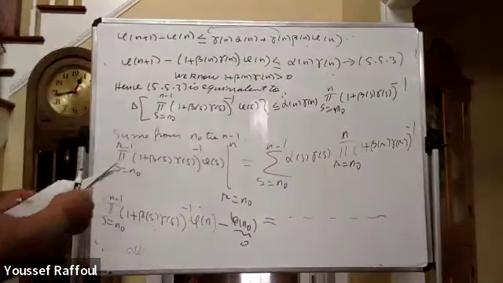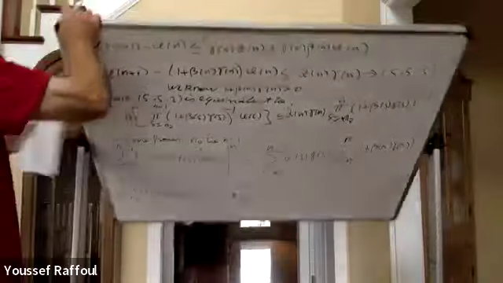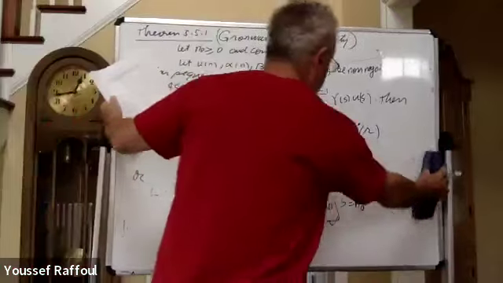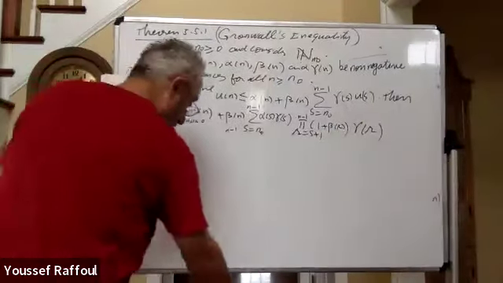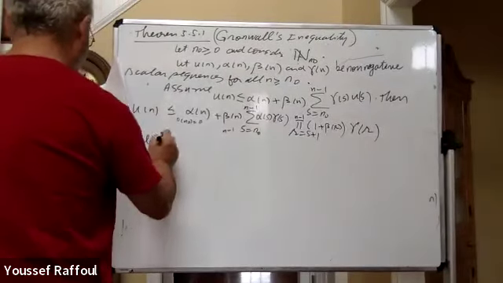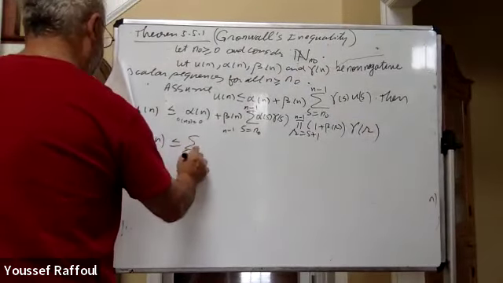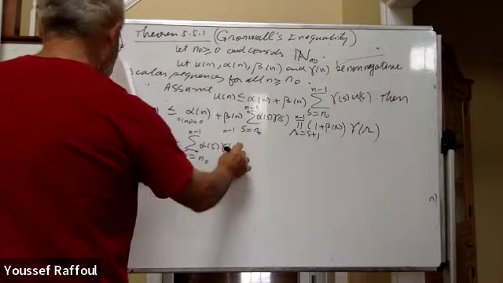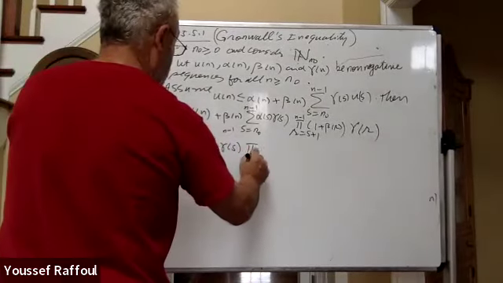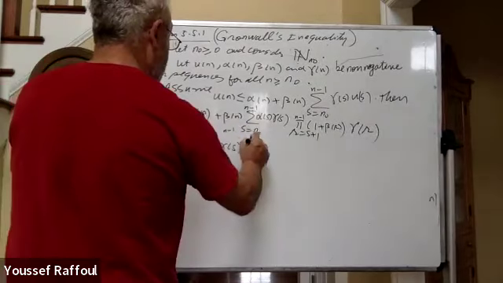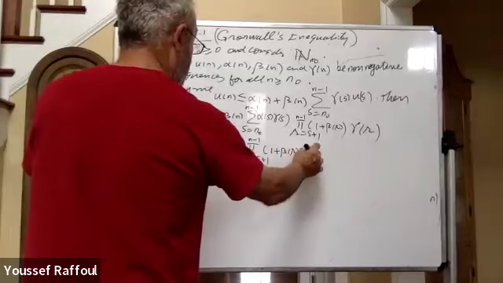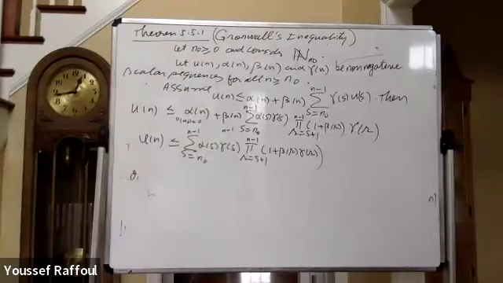And then you will obtain phi n less or equal to the sum for s equal n naught to n minus 1 of alpha s gamma s, times the product for r equal s plus 1 to n minus 1 of 1 plus beta r gamma r. Okay?